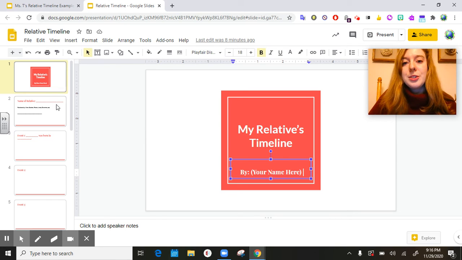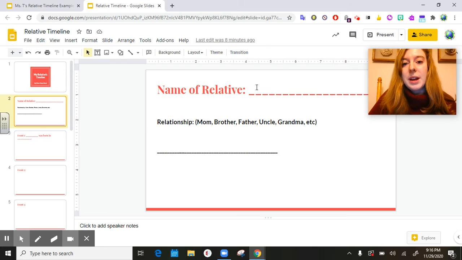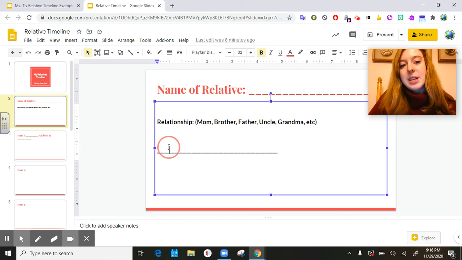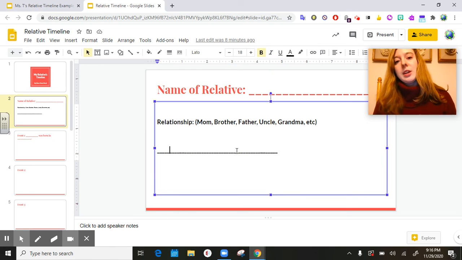Okay. Under name of relative, you'll write the name of your relative. So if it's your father, you'll write your father's name. If it's your uncle, your aunt, you'll write their name here. And then here you have to tell me what is the relationship of them to you. So for example, mine, I put my mom because she is my mom.